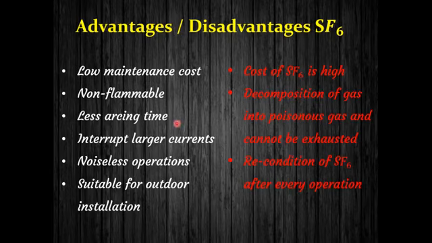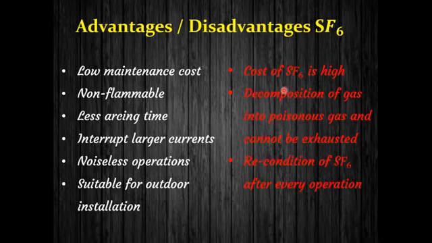So the advantages of the SF6 circuit breaker include low maintenance cost, the SF6 is non-flammable, and the arcing time is very less. And since the SF6 has high dielectric strength, it can interrupt large currents, it has noiseless operation, and the most important application is it is suitable for outdoor installation.